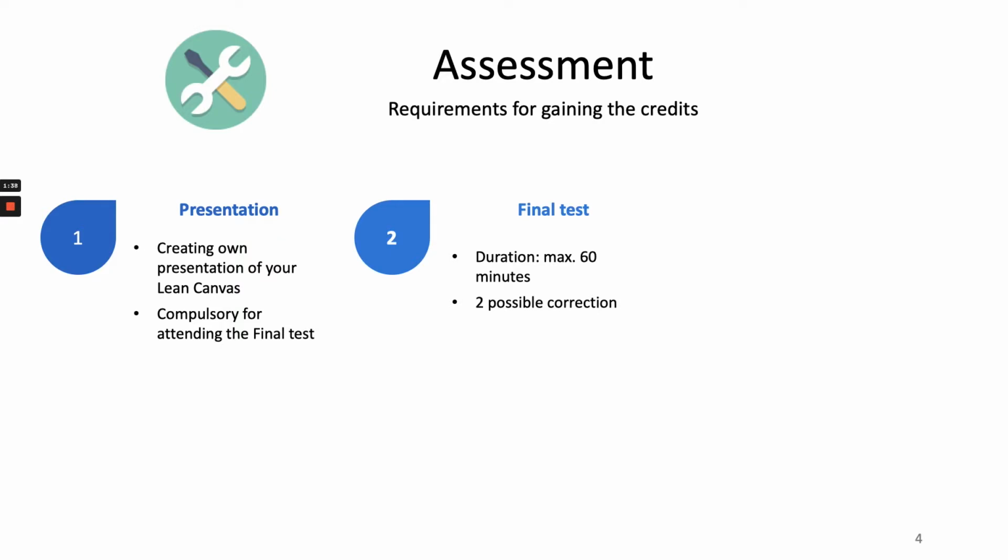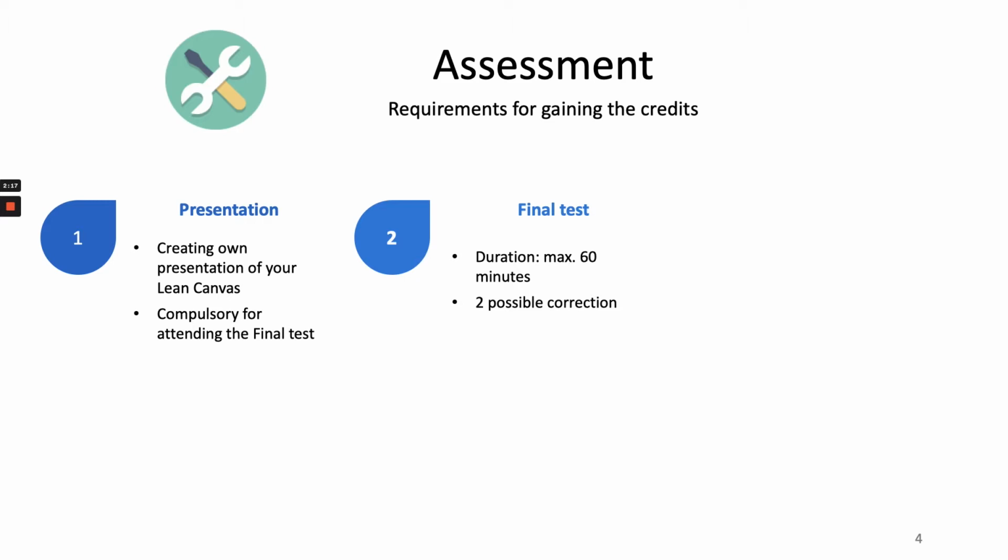So what are the requirements for gaining the credits? Firstly, you should create your own presentation. It should be based on the Lean Canvas you're creating. Normally, if the lecture were in contact way, you would create your Lean Canvas during the lecture, but because it is not possible, I'll tell you what to do, and you will do that alone.